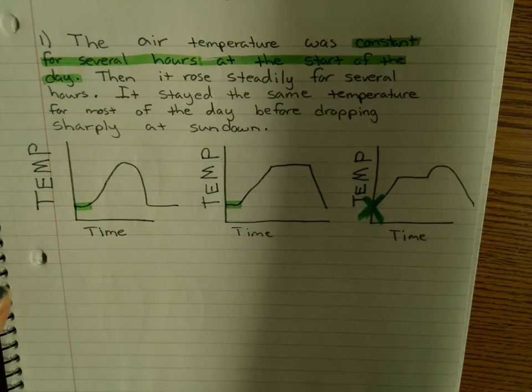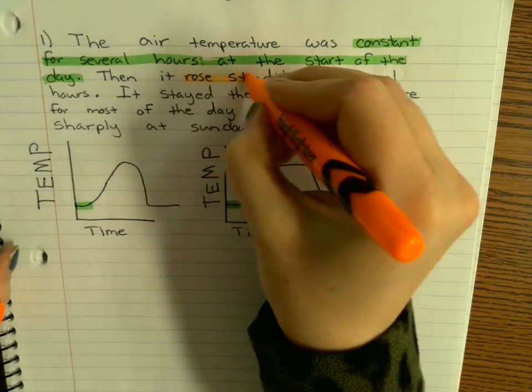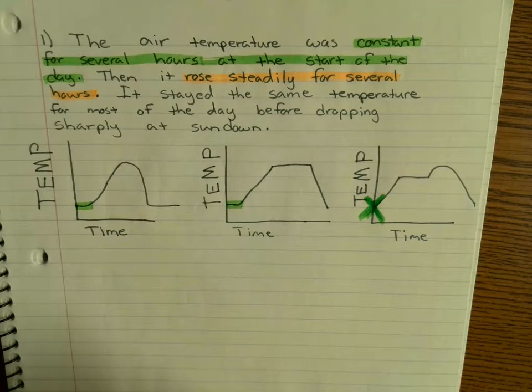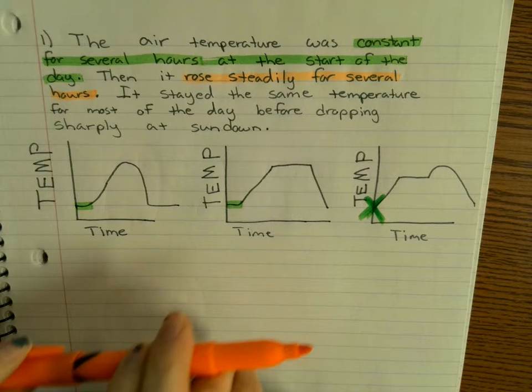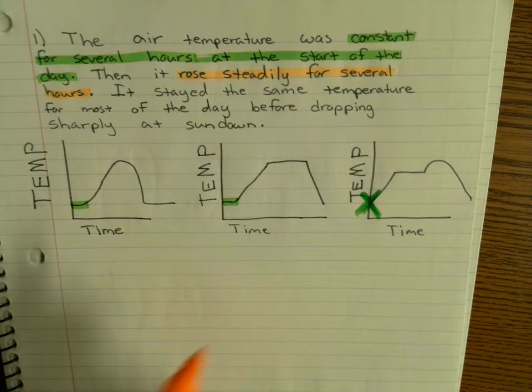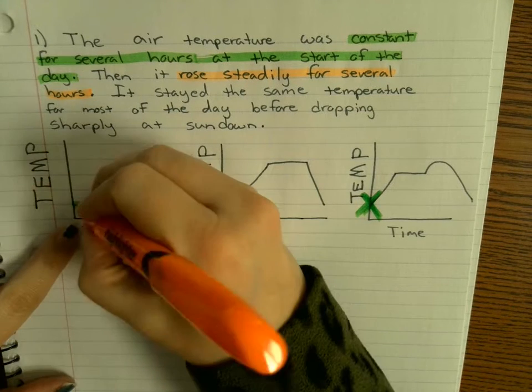The next portion says it then rose steadily for several hours. Rose steadily. Does that mean it's going up? It's going down? It's staying flat? What does that mean? Amy? It's going up. Okay, so it's going to go up. Let's look at graph A and B. Graph A is showing that it's going up.